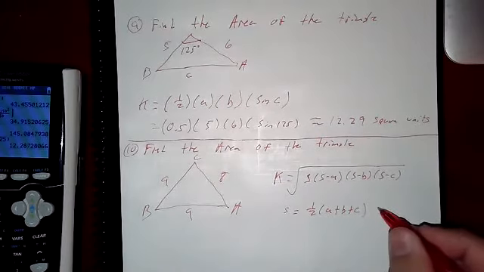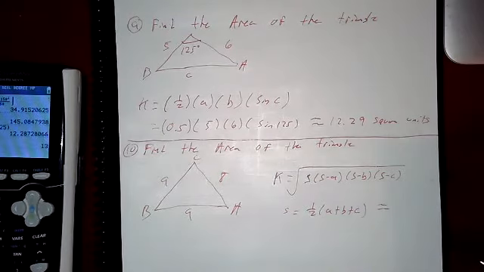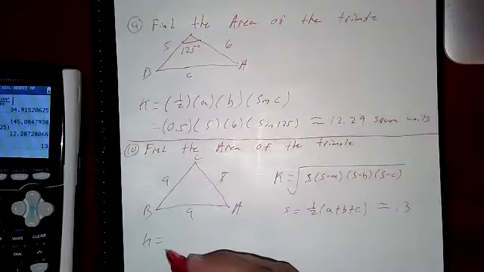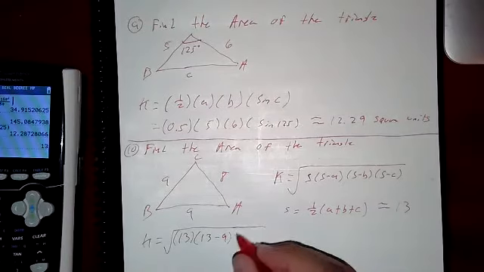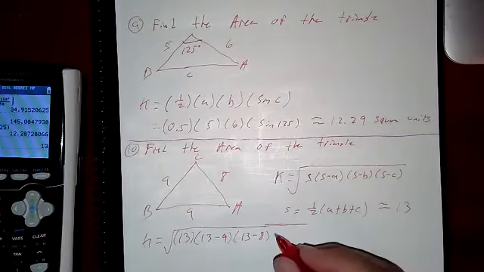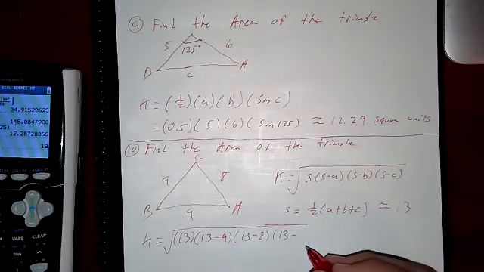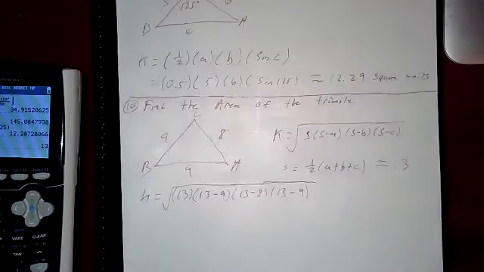So let's find S first. So that's 0.5 times the sum of all the sides. So 9 plus 9 plus 8. So that's 13 right there. So K is equal to 13 times 13 minus 9 times 13 minus 8 times 13 minus 9. All right.